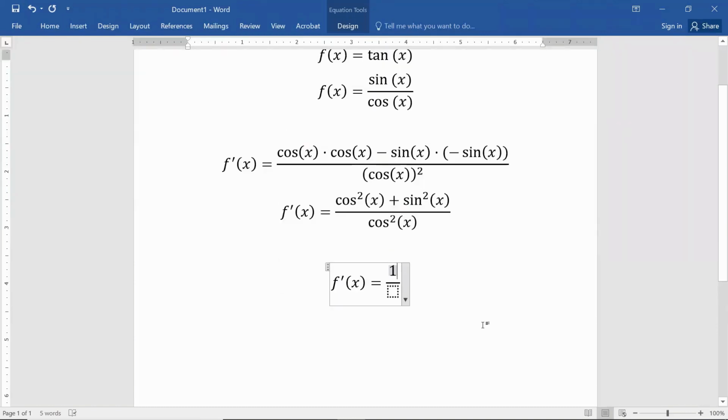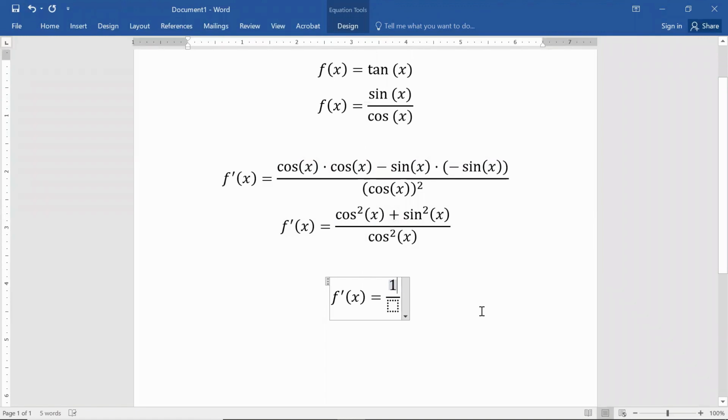Other people have other names for that, but there's an identity in trig which says cosine squared plus sine squared is equal to 1. So we have 1 divided by cosine squared. By the way, 1 divided by cosine is secant. So really, this is simply secant squared.